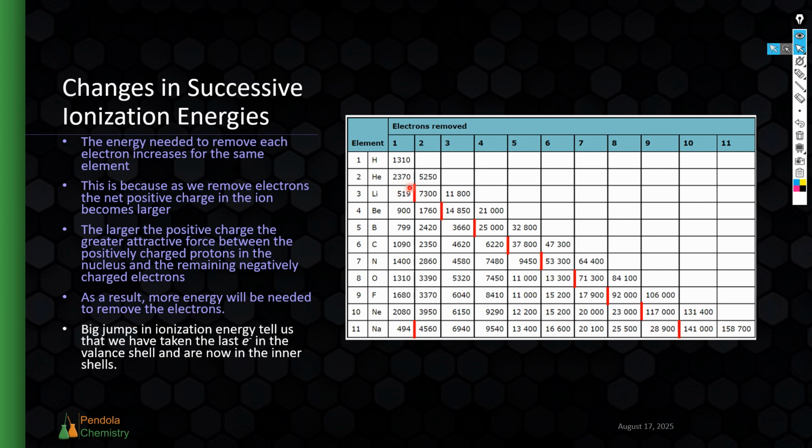But we can see that there are gigantic jumps whenever we remove all of what we call the valence electrons. Remember, to give you a quick crash course, valence electrons are the electrons that are in the outermost energy level. So let me write that down here so we don't forget.